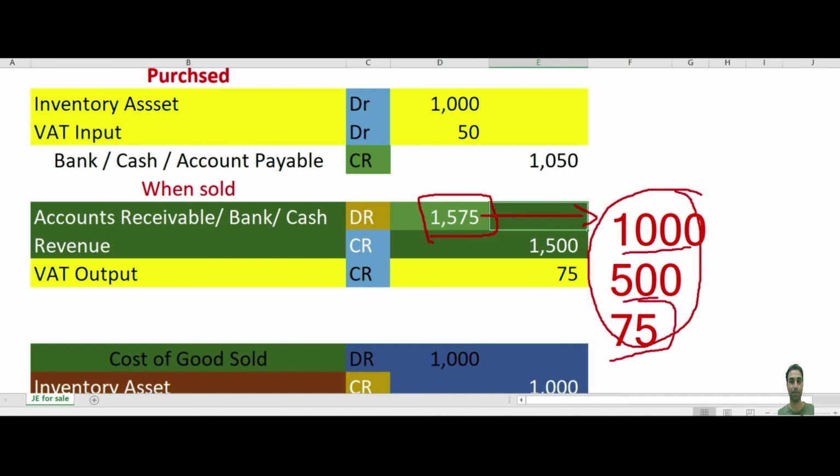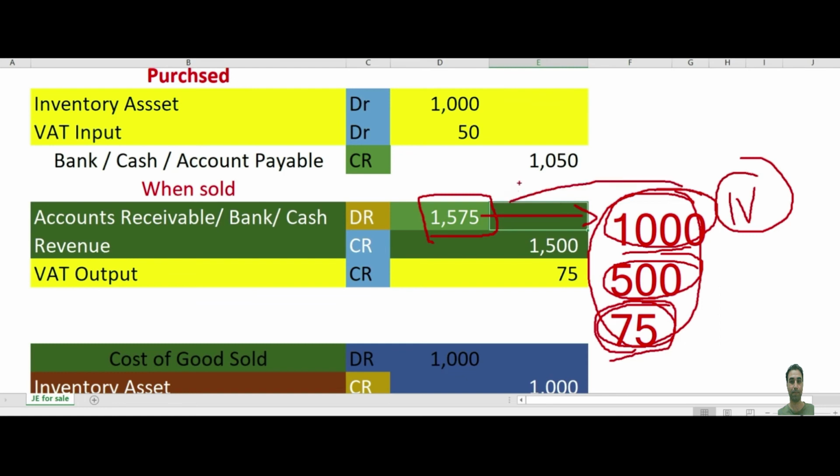This is a core concept. So this 1000 was the worth of your inventory. Okay, this 500 is your GP, gross profit, and 75 is what? Your VAT output. So this is how this total amount comes over here.